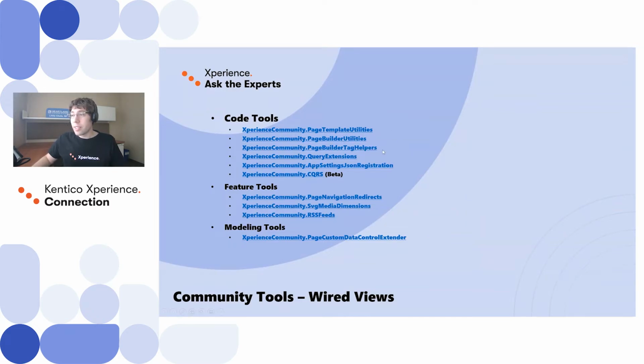Page builder utilities and tag helpers are kind of similar. They allow you to have some tag helpers that can distinguish between edit mode or design mode versus live mode. They can distinguish if page builder context is enabled or not. So a bunch of different things to help toggle things on and off.